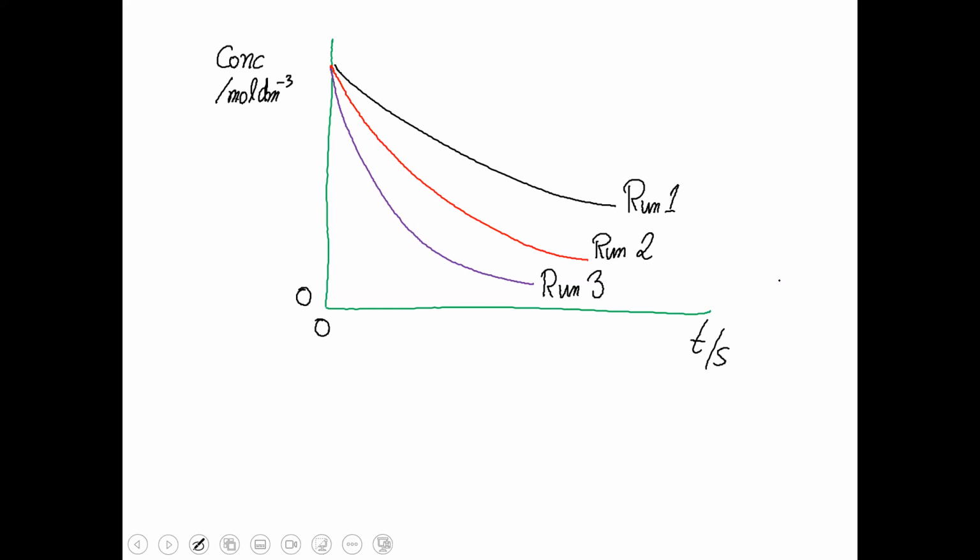The issue is that there is no one rate, not even within one run; rate will decrease. So for every run, we will find the initial rate, or any rate which the examiner has specified. Otherwise, at t equals 0, we will draw a tangent and find the rate for every reaction.